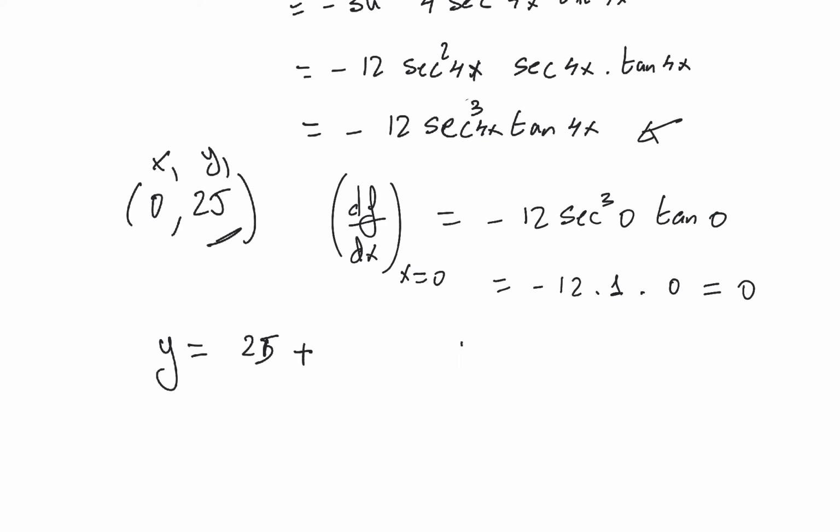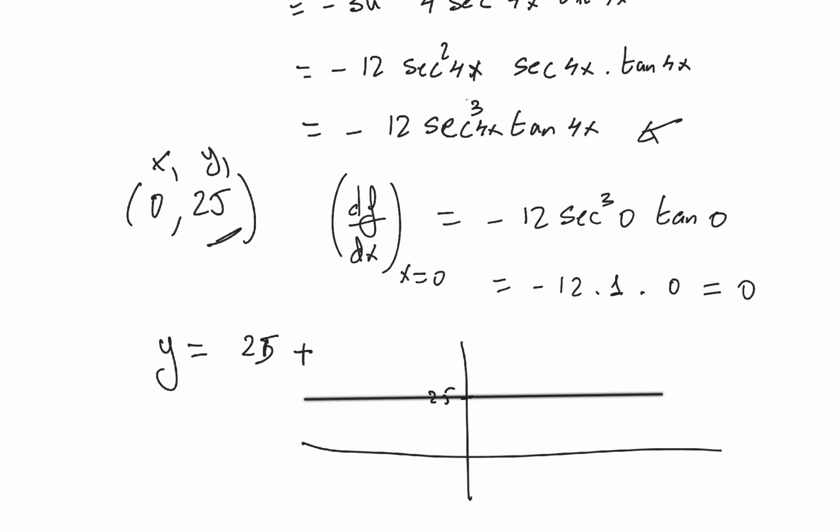So the line is y equals 25, this is 25, and the slope at the point x equals 0 looks like this. So the curve should do something like this, with a horizontal slope. So the final answer is y equals 25.